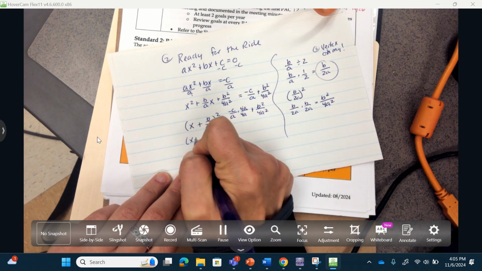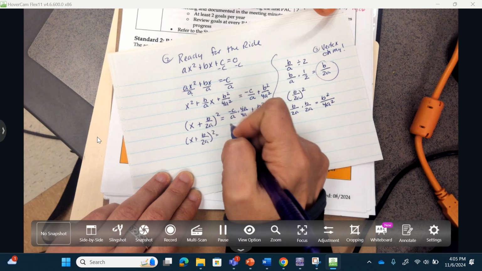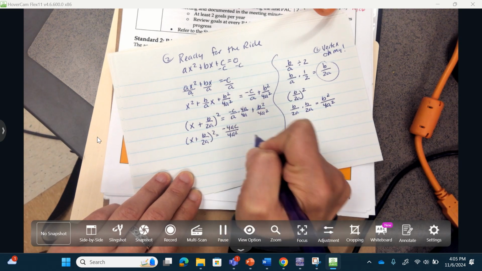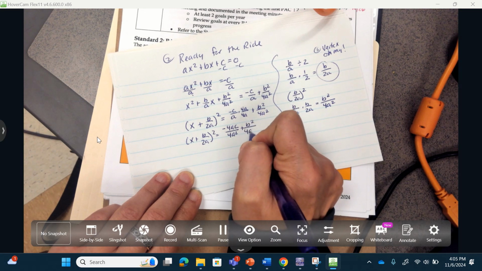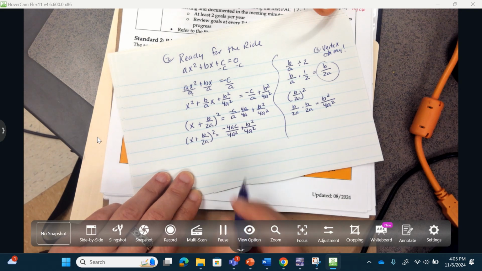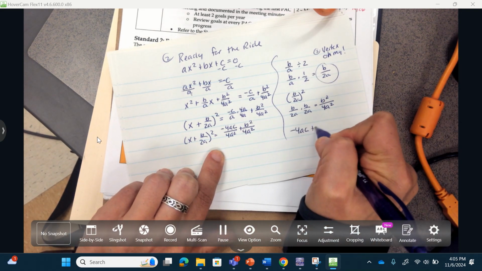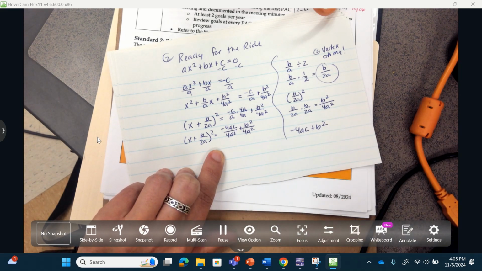And I'm just going to bring this down to the next line. Negative c times 4a is negative 4ac. That also looks familiar. And now I have a common denominator, so now I can add that. Now when I add it, I would have negative 4ac plus b squared, but I'm just going to switch the order so that I'm not leading with a negative.